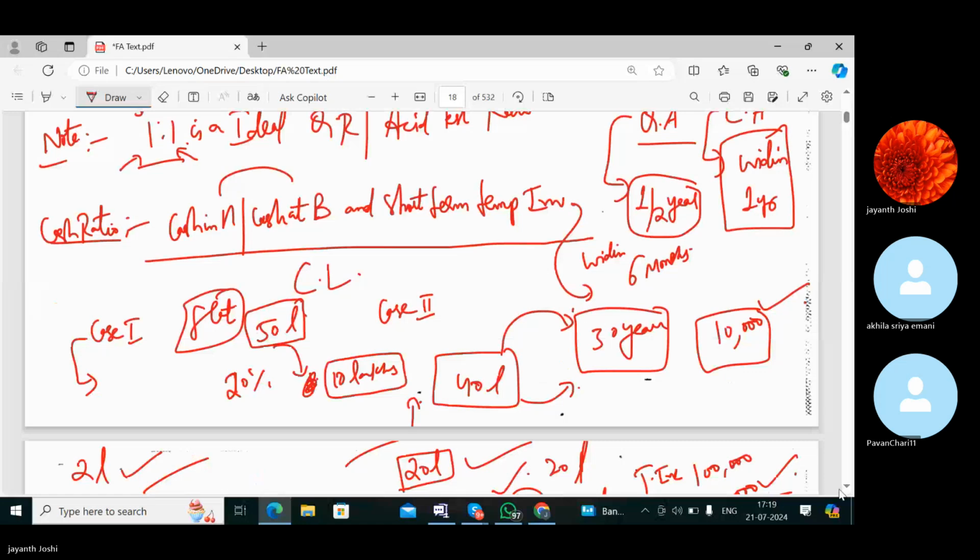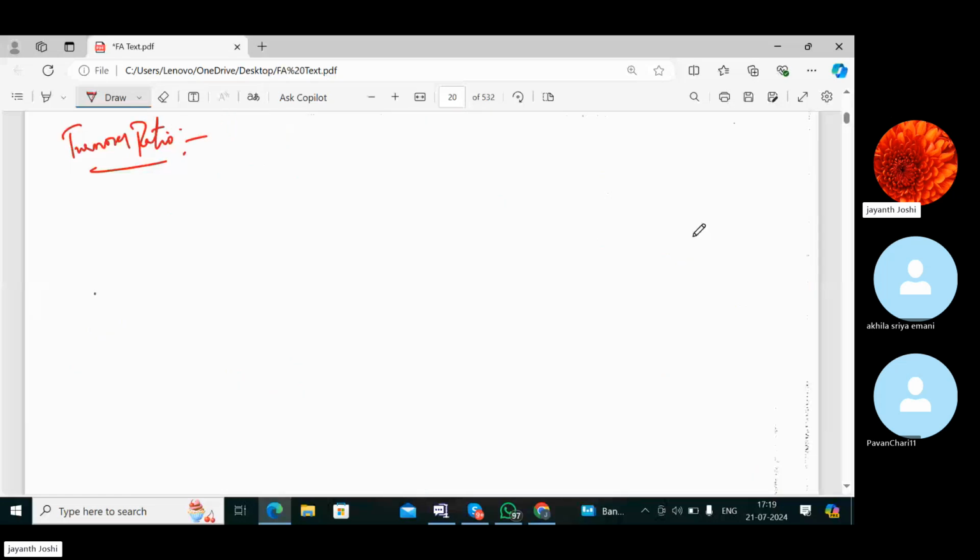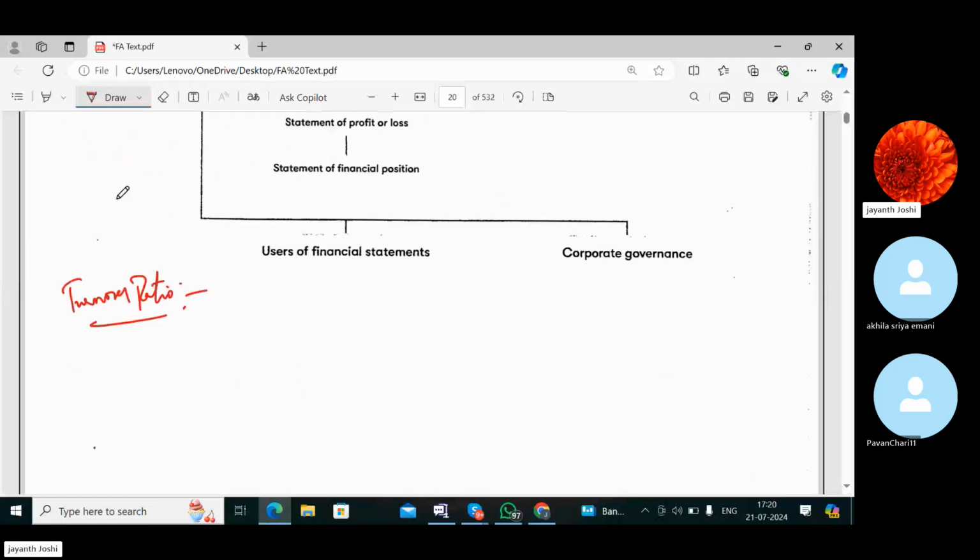Everyone, ideal ratio for cash is 0.50:1. Just a second, I'll write it here. 0.50:1.